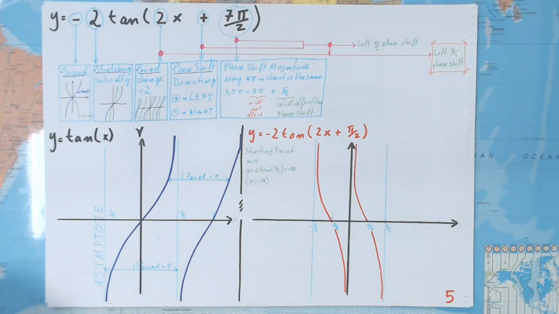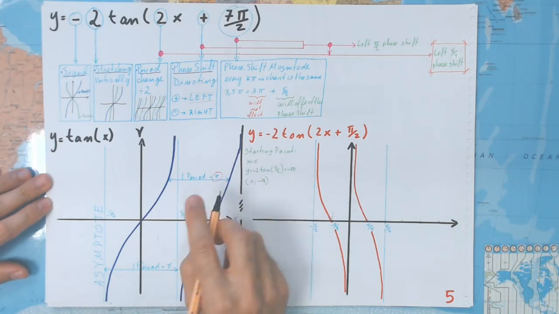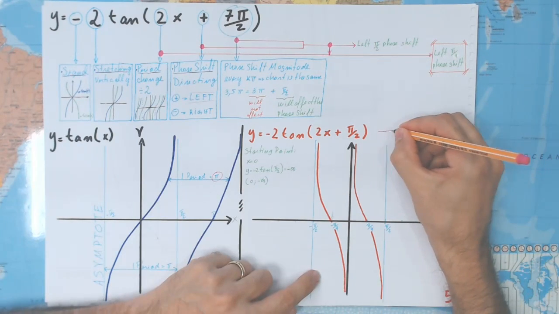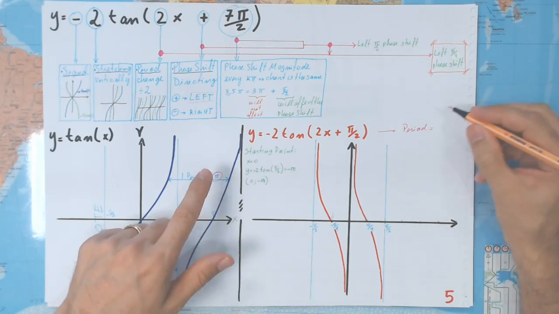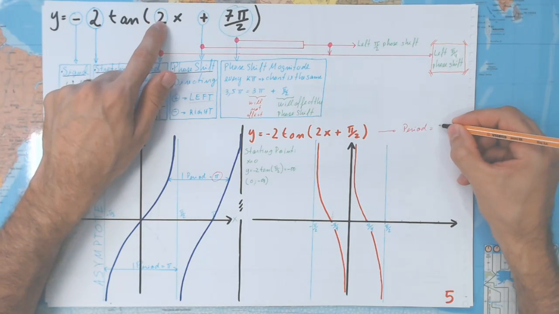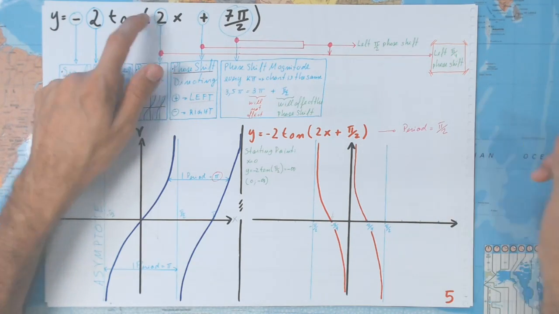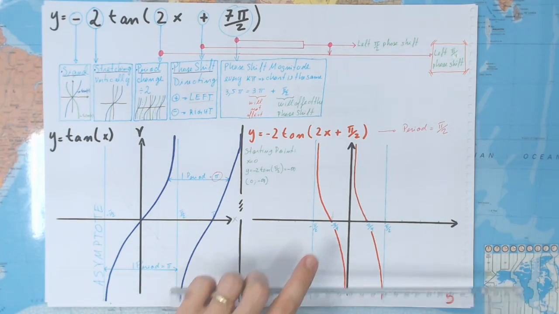What is the period in here for this one? The period is just pi, okay? Now, what is going to be the period in here? The period for this equation is going to be this one divided by 2. Agree? It is just half of that. This is the period, and that is why.